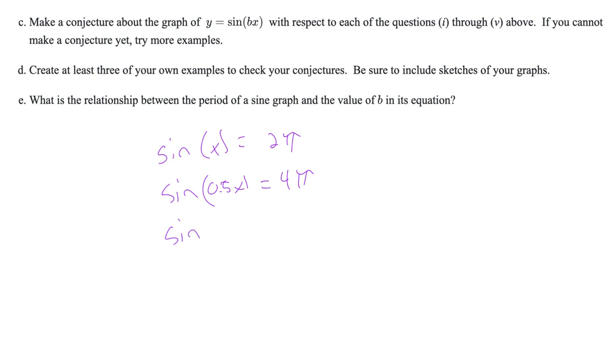Then we had sine of 2x, and that was equal to just pi. So basically what this is saying is that if we change all those, we're trying to say, what would sine of bx be? And in this case, b represented 1, 0.5, 2. We had those other ones with 3 and 5. And on that last one, 5, you saw me do this.